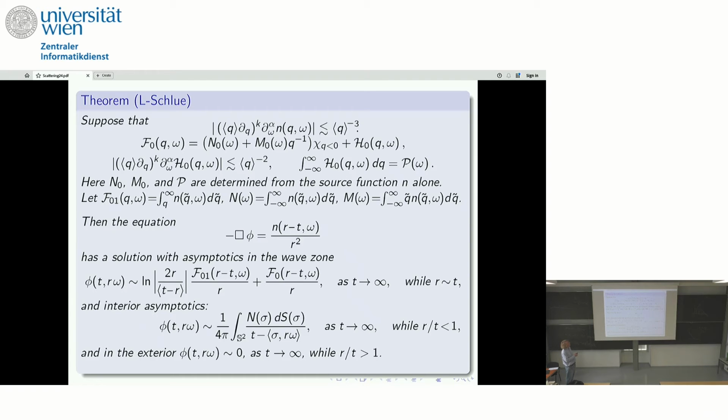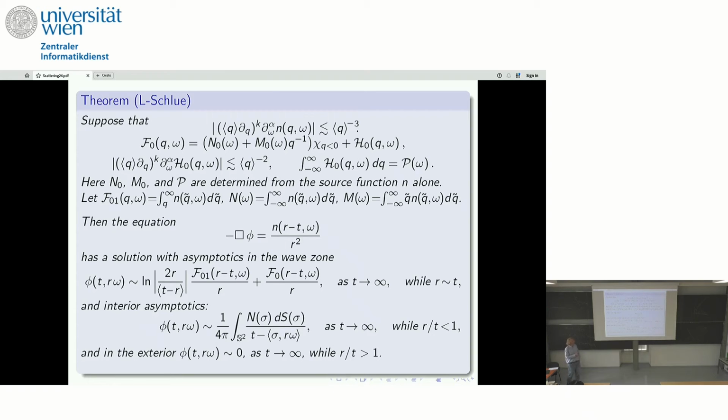There has to be a limit, and also if you subtract off the limit, the next term has to decay at a certain rate. These two functions are calculated from the source term. Now this is arbitrary apart from one condition. Even if there was no source term, there is a condition, and this will be explained later on.